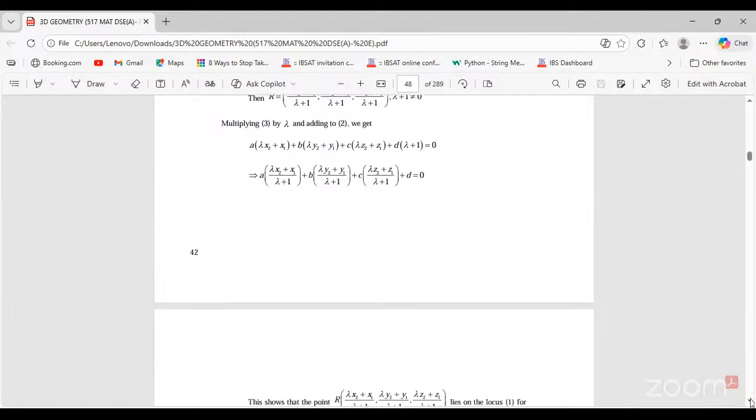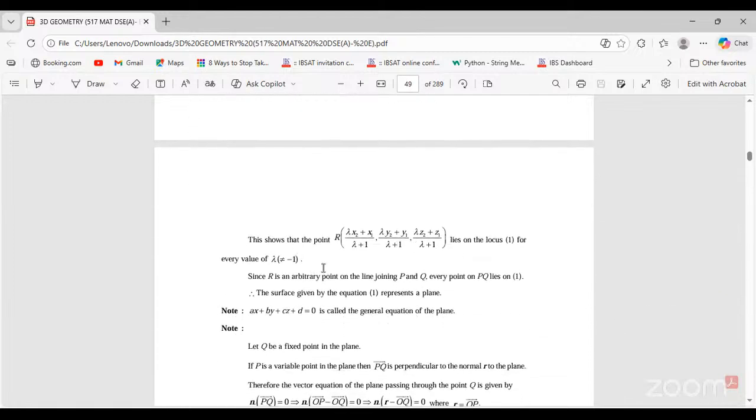So the point R (k1, k2, k3) lies on equation 1.